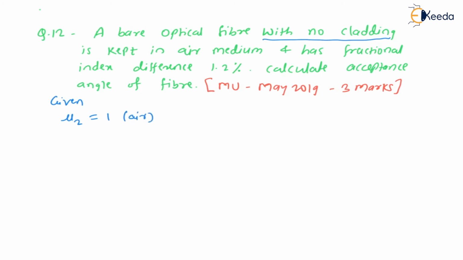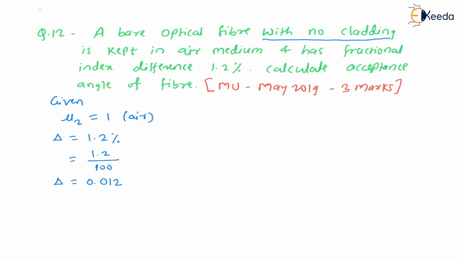Again, they have given the fractional index difference, which is delta. So delta is 1.2%. Here I can write this as 1.2, and percent means divided by 100, so this becomes 0.012. So this is the value of delta.